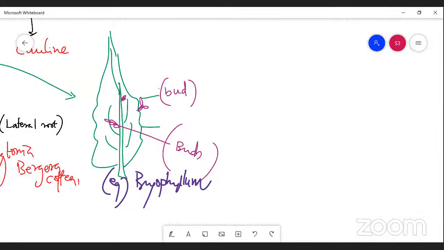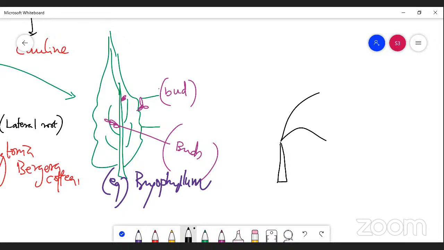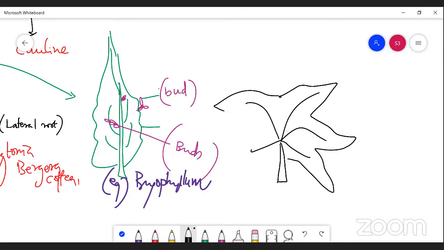Now this is a Begonia leaf. The stalk of the leaf is called the petiole. The petiole gives rise to many veins. That means the midrib is further branched into a number of vein-like structures.